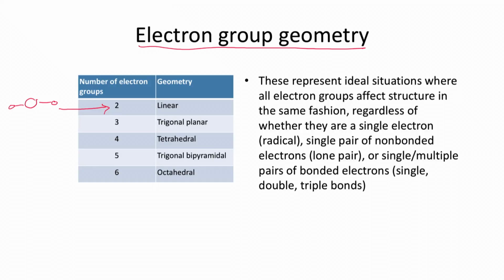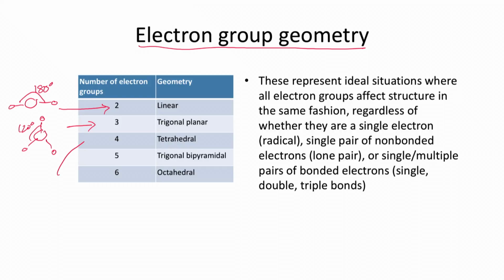If I have three things in space, and I want to keep them as far away from each other as possible, the best way to do that is what's called a trigonal planar geometry. So one in the middle, and then the other ones are going to be about 120 degrees apart, as opposed to 180 for the linear geometry.